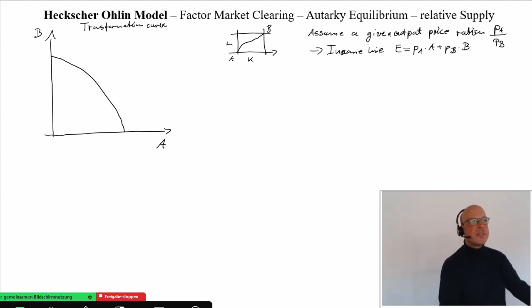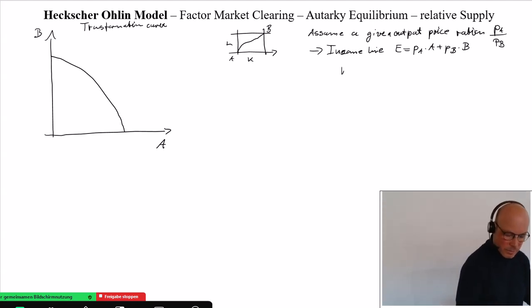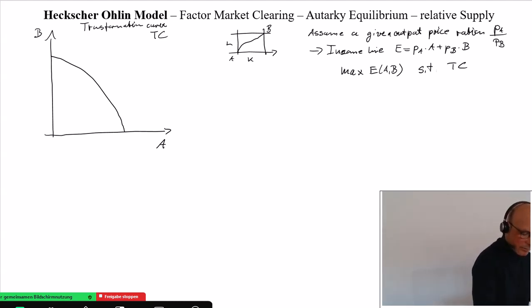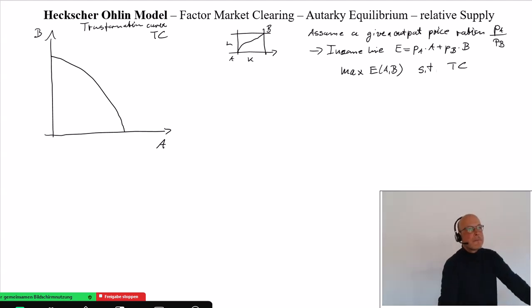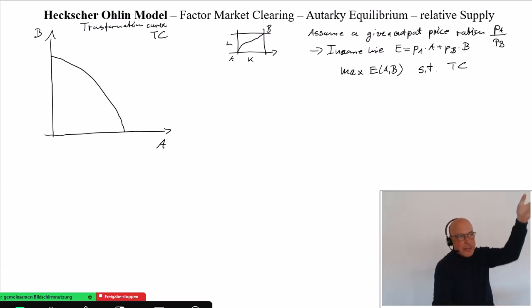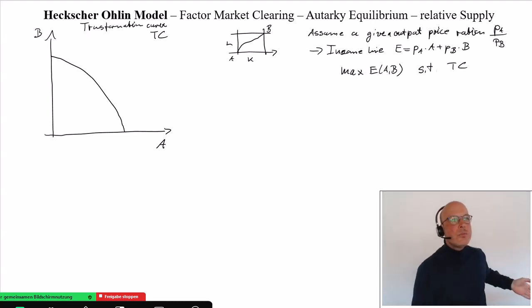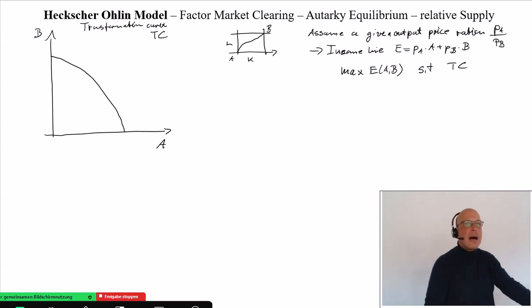So our optimization problem now, having derived all this, would be max E of A and B subject to our given transformation curve. So again, our aim is now this linear line. This we want to maximize. So we want to move it as far as possible outward to the right.